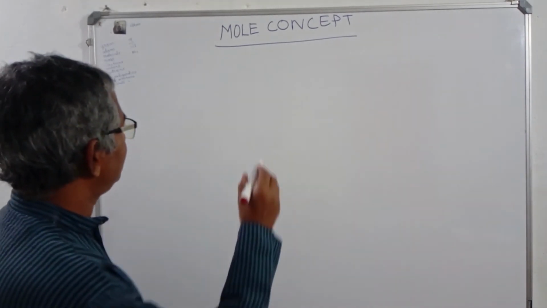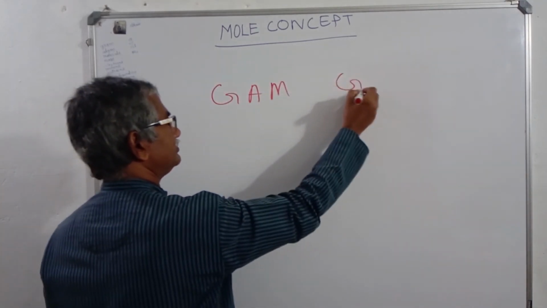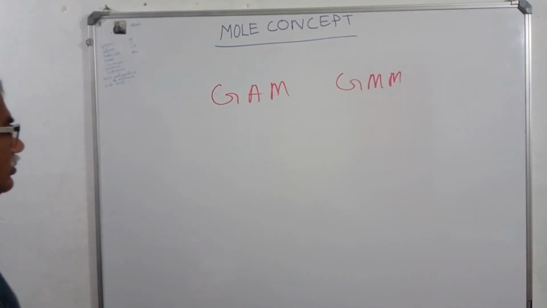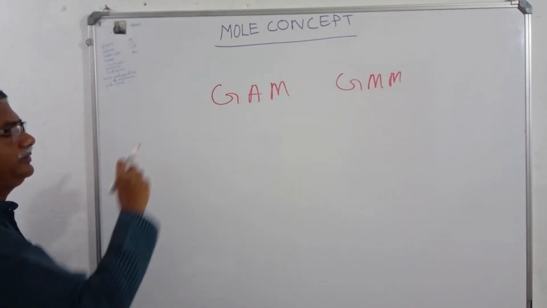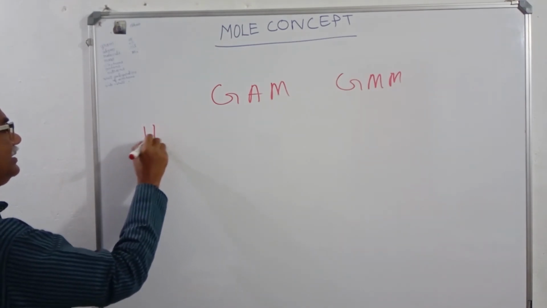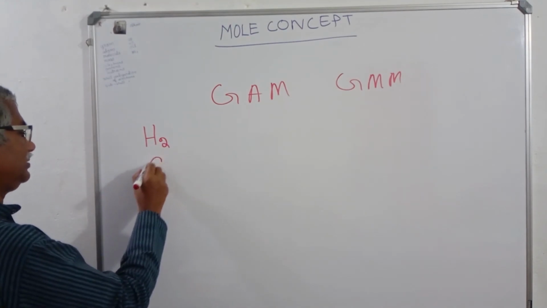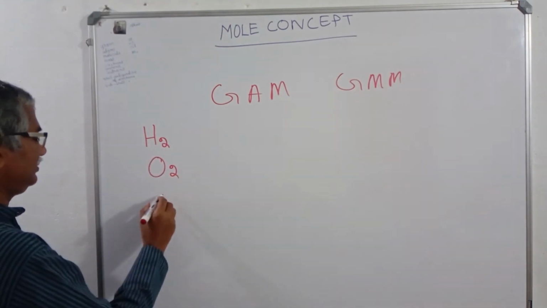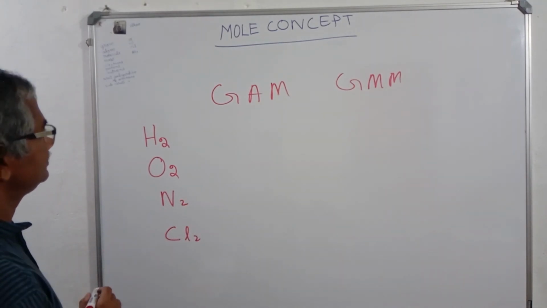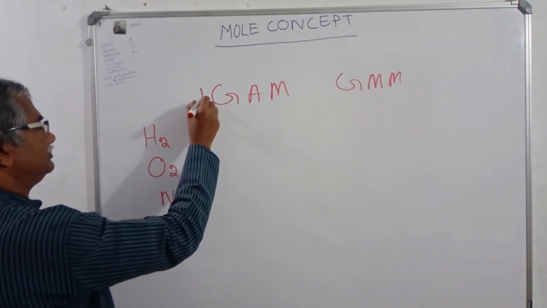Students are generally confused with GAM and GMM. I hope you know all the active gases are diatomic. In the nature, hydrogen is not standing by single atom, it is H2. Like same oxygen, nitrogen, chlorine, etc. Therefore, consider 1 GAM.